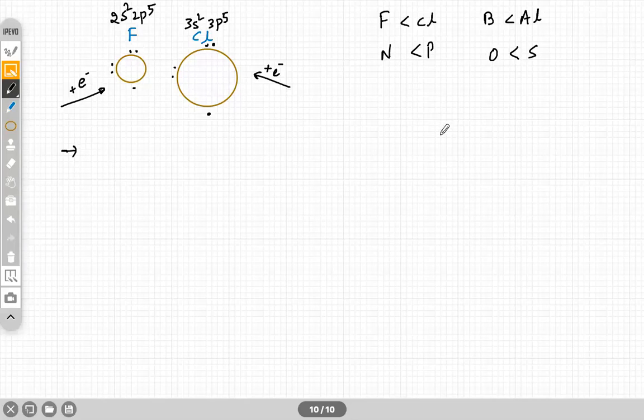So for noble gases it is positive electron gain enthalpy, for nitrogen also it is positive, but for all other elements the electron gain enthalpy is negative. This point you must remember. Noble gas it is positive, nitrogen it is positive, for all other elements it is negative.